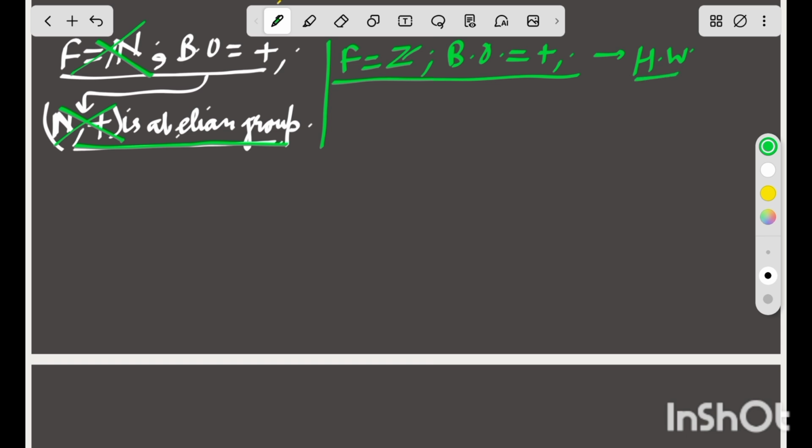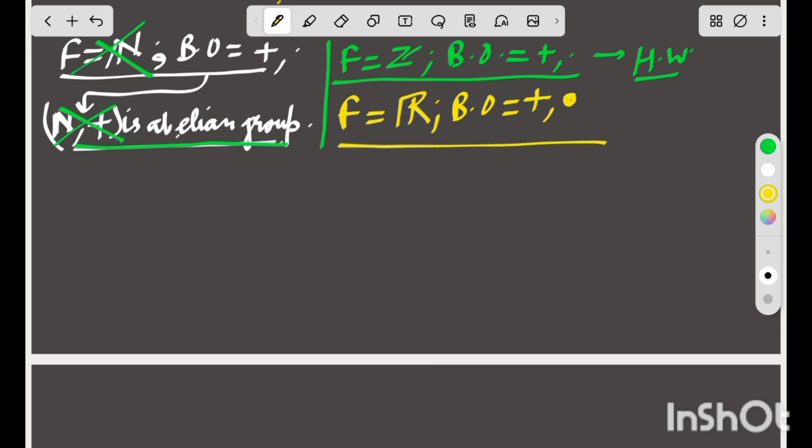Now the next example is, let the set be the real numbers and the operations are addition and multiplication. First we check whether R with respect to addition is an abelian group or not.